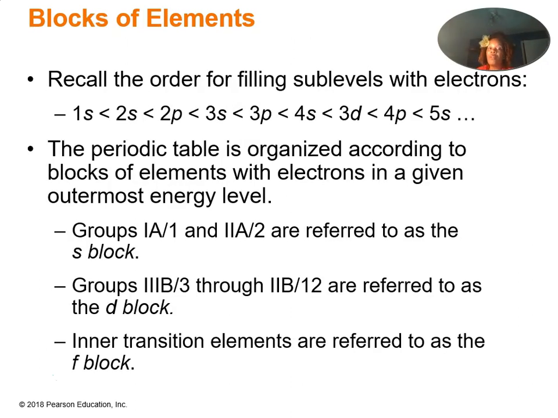Now, another thing that you need to keep in mind is that when we talk about levels of electrons and sublevels, there's this thing called electron configuration. So you have all these different energy levels from like 1s all the way to 5s. Actually they go a little bit further out.